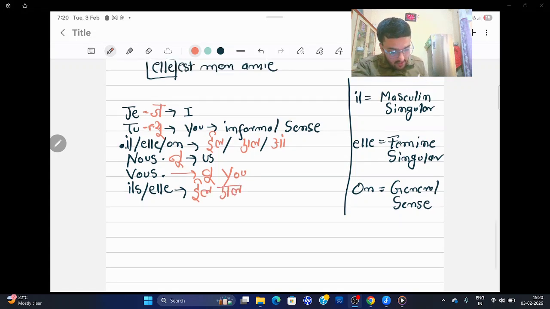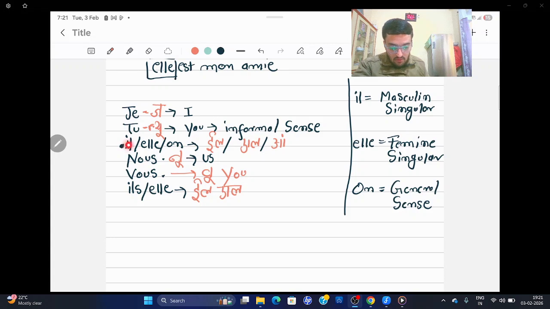All right. Now, as you can see, this il and elle and these ils and elles have the same pronunciation, but they are written differently. Okay, so this il and elle are used to address a male or a female person.